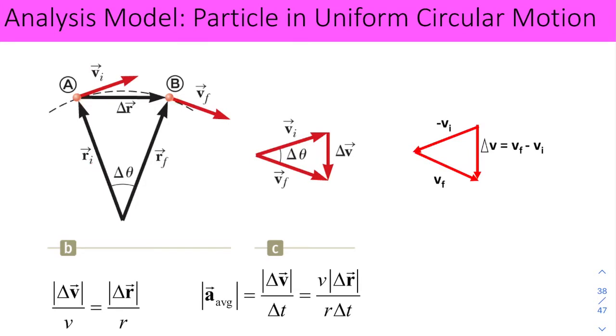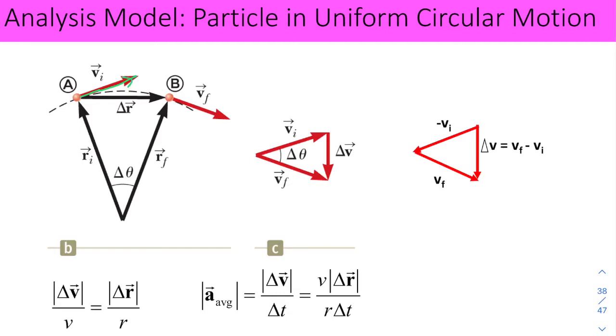So if you see here, it is a triangle, right? This triangle can be transformed into this kind of triangle, with the condition that the angle covered here is the same as this angle. So we have v initial, let's say this is your v initial.